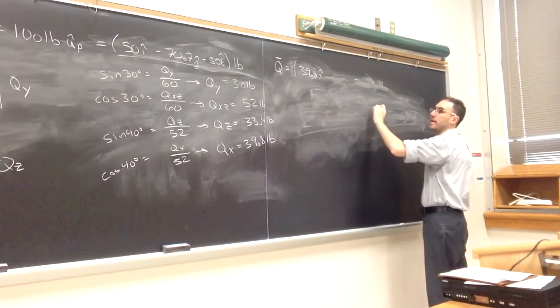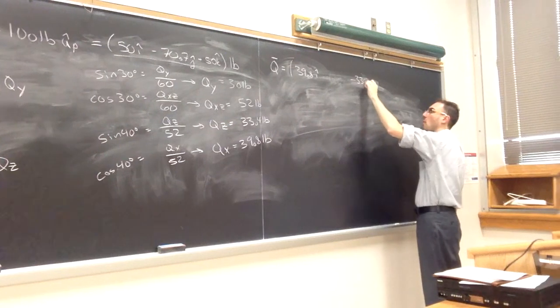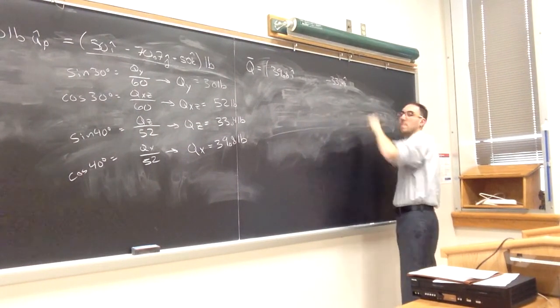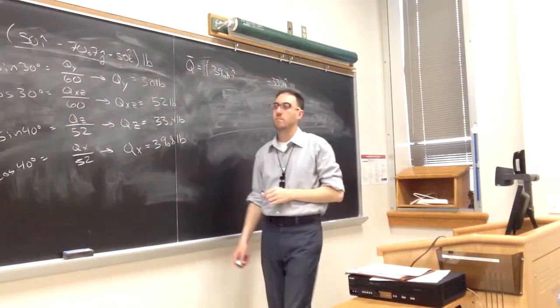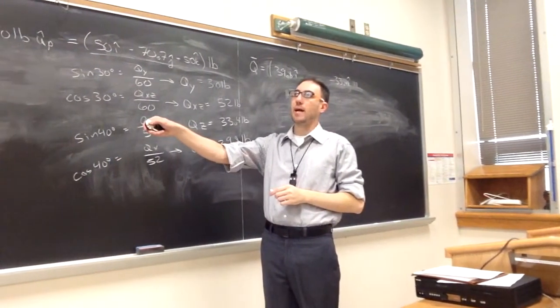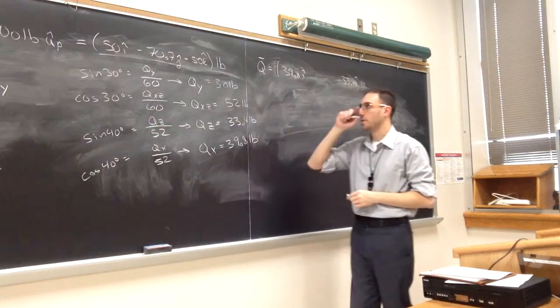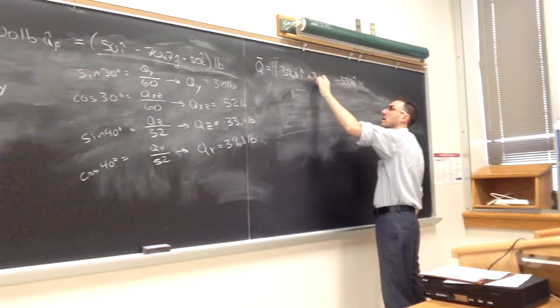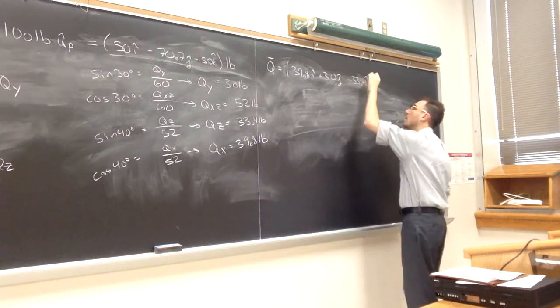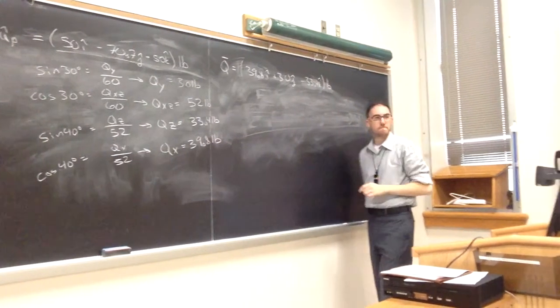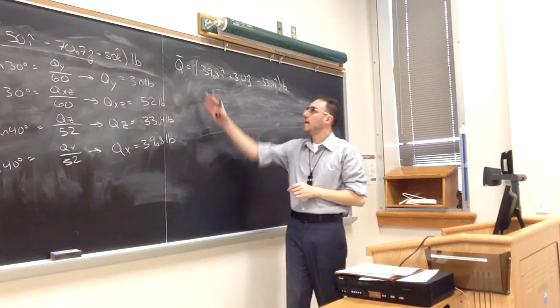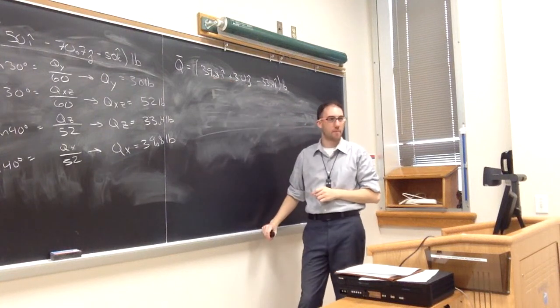So this will be a minus 33.4 k. And then at that point, I have to go along the positive y-axis to get to the end of q. So I'm going to go a positive 30 j. And then I have q in its component form.